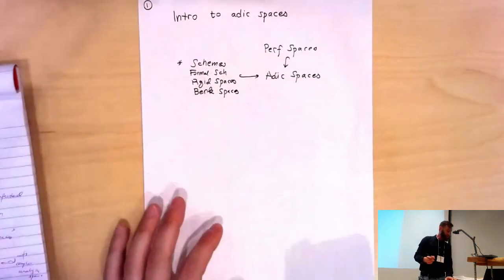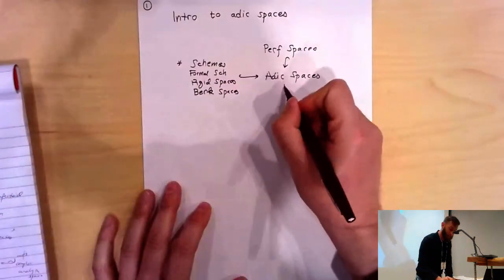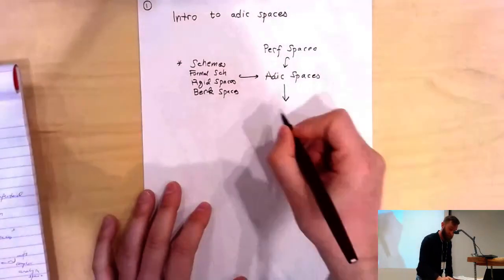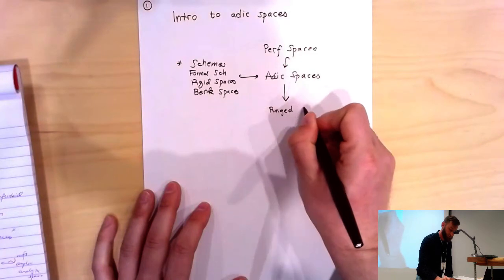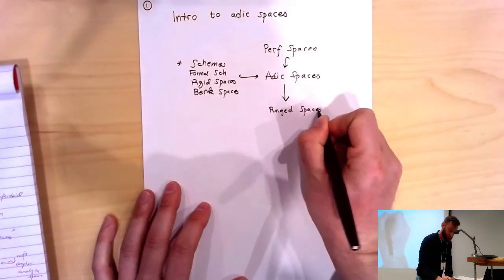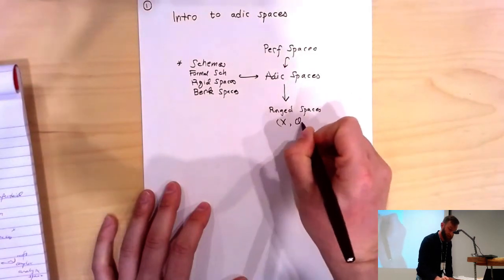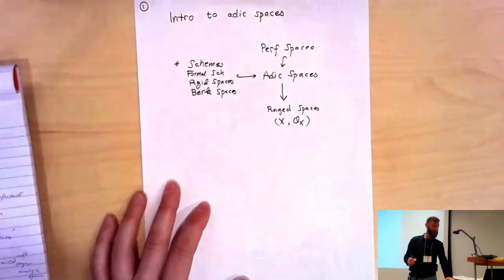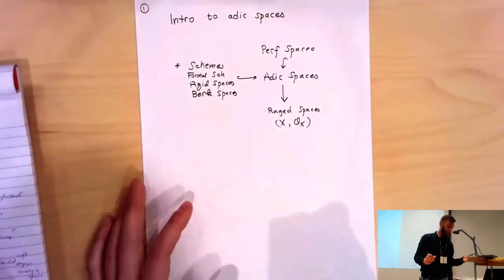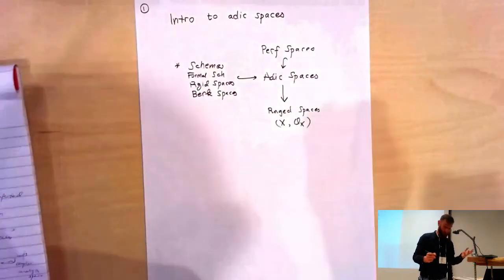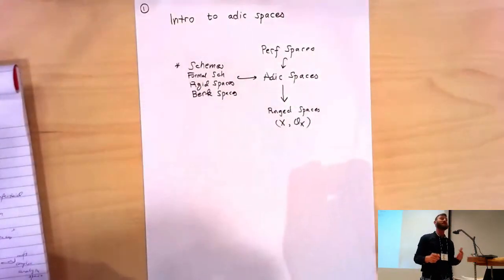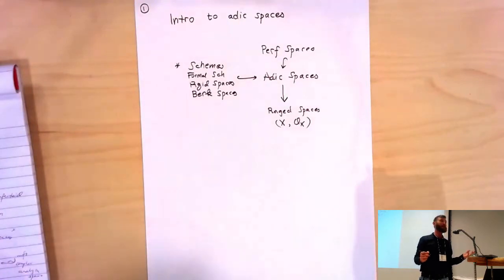What are Adic spaces? Well, they themselves can be described as kinds of ringed spaces. It's a topological space together with a sheaf of rings. And you already know of schemes in this context. A scheme is a kind of ringed space which has a model space, which is the spectrum of a ring.